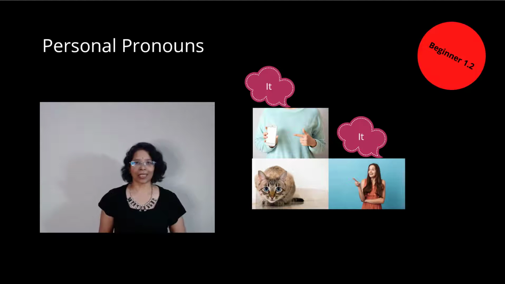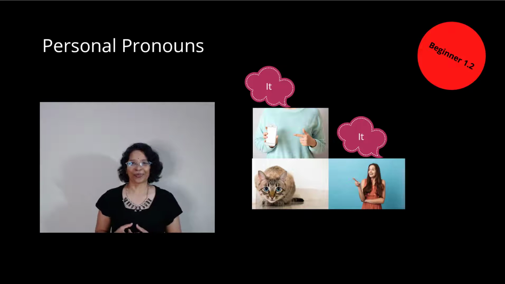Due to cultural change, animals have become such an important part of our family. So, if it's a pet that you love very much and you have given it a name, then you would refer to it as he or she depending on the gender. Alright?